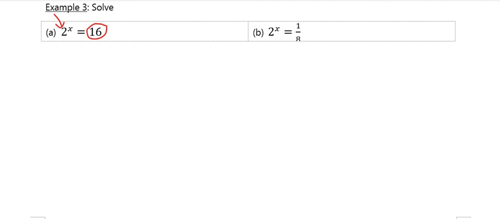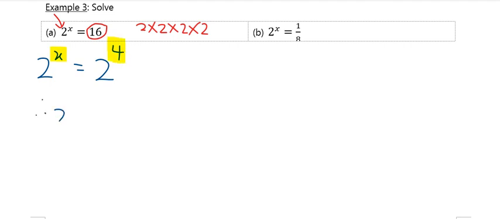So 16 is actually 2 times 2 is 4 times 2 is 8, 8 times 2 is 16. So the right hand side 16 becomes 2 power 4. Now if you have the same base on the left hand side and the right hand side, you check the power, and this is already your solution. So therefore, x equals 4.